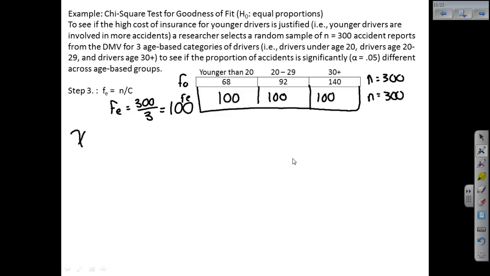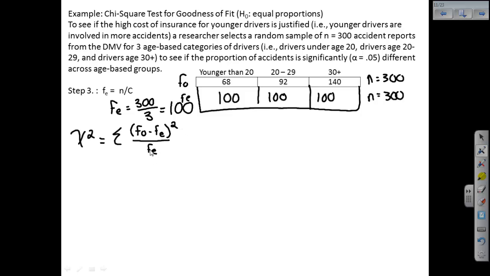So chi-square is equal to the sum of each observed frequency minus its respective expected frequency squared divided by the expected frequency. Now keep in mind, order of operations. First we'll do what's in parentheses, then we'll do the exponent, then we'll divide.